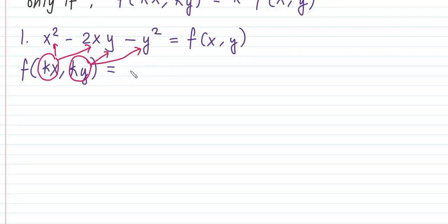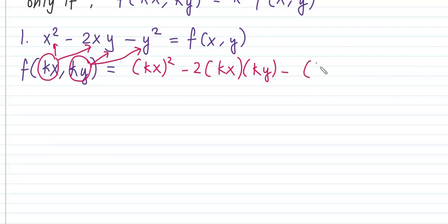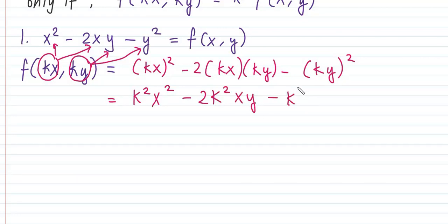To do that, I will now have kx squared minus 2 times kx times ky minus ky squared. So I will now have k squared x squared minus 2 k squared xy minus k squared y squared.